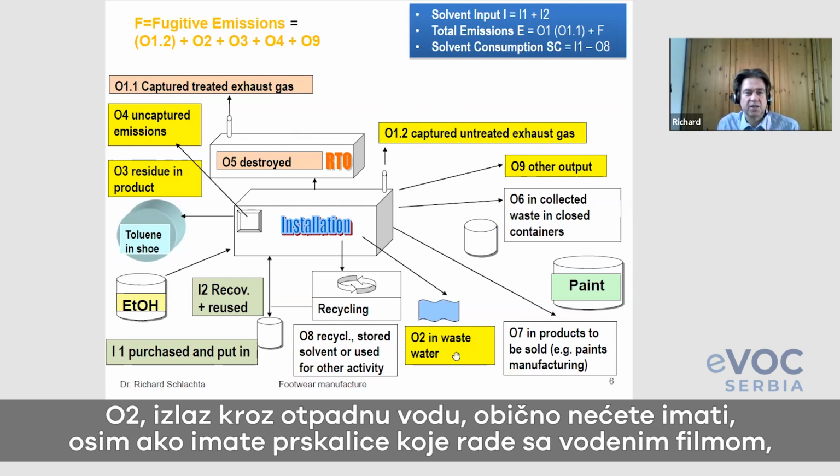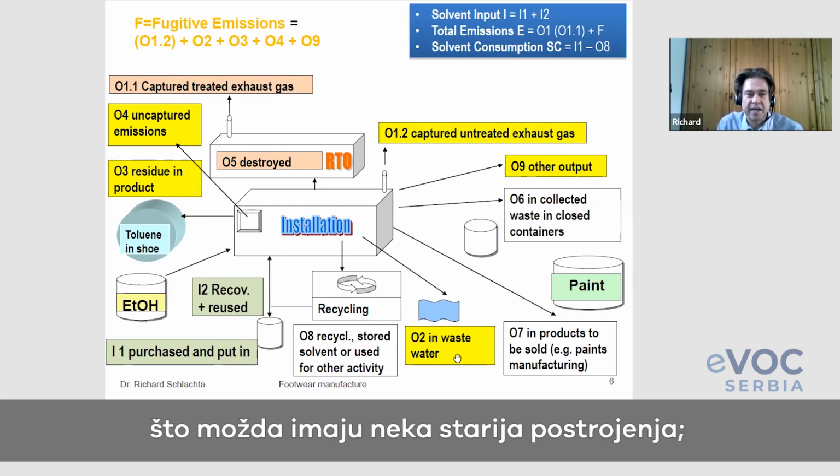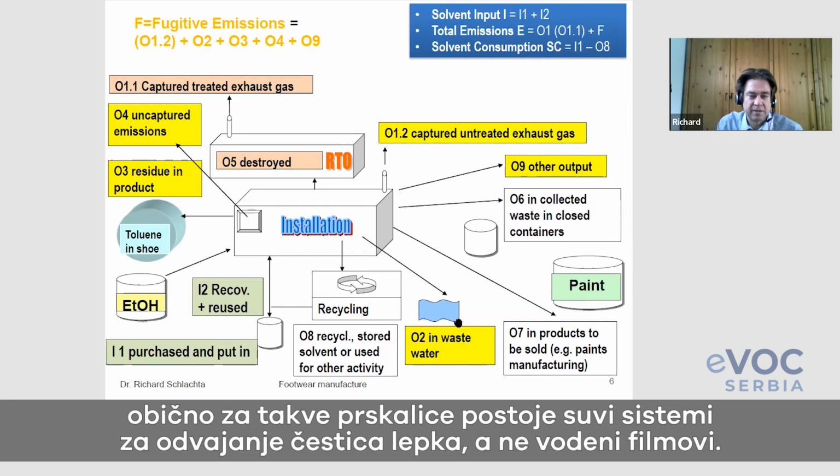O2, in wastewater, you normally would not have, only if you have a spray stand where you operate with a water film. Some oil installations could have, and then you have VOC in the wastewater, but generally for spray stands or working stands, dry separating materials for the adhesive particles are used and applied, not a water film.